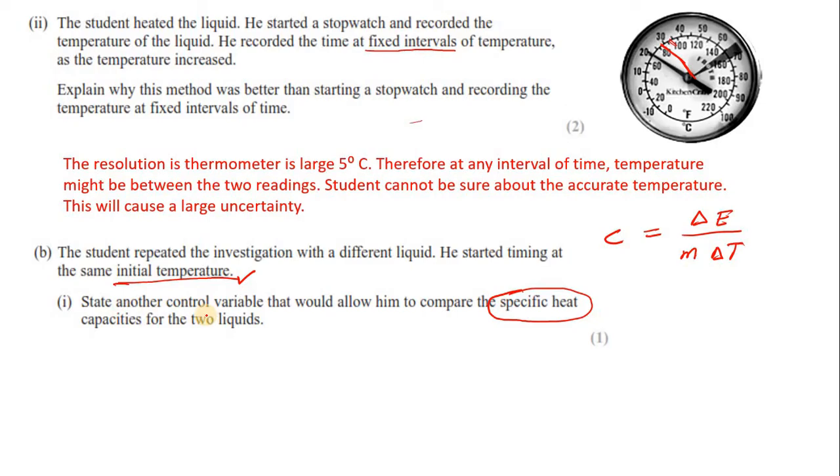Already they are saying that. Another control variable, you can say that the mass of the liquid must be the same, or we should give an equal amount of heat, meaning the control valve should be open for the same interval of time. The mass is better to write, so you can say the amount of liquid must be the same, or the mass of the two liquids should be the same.